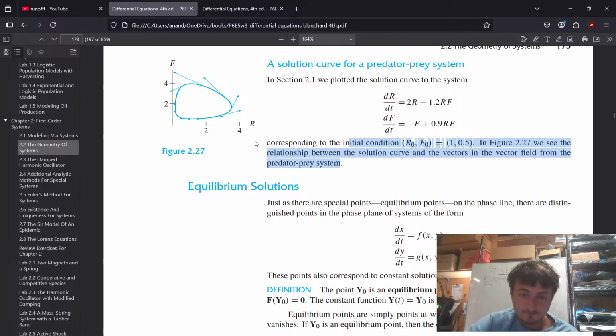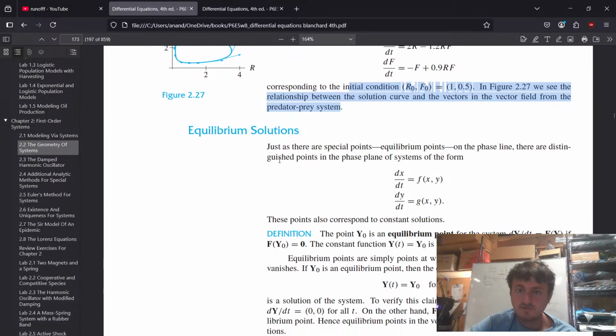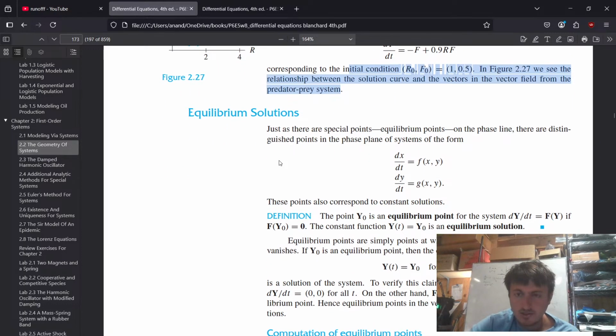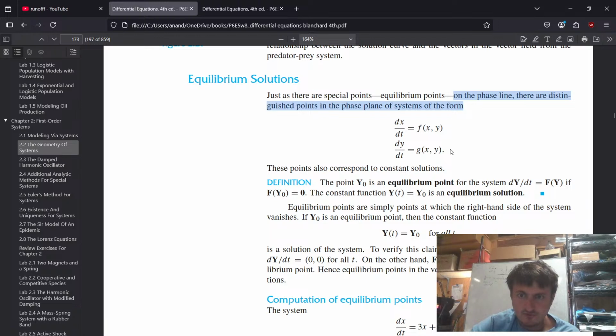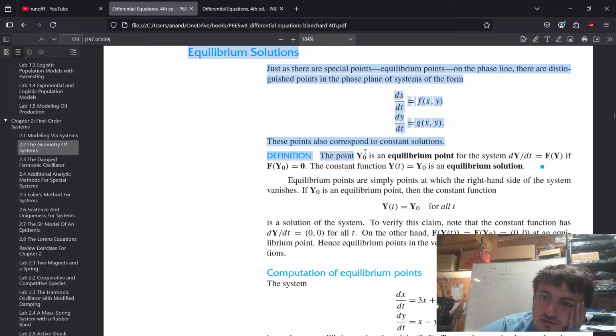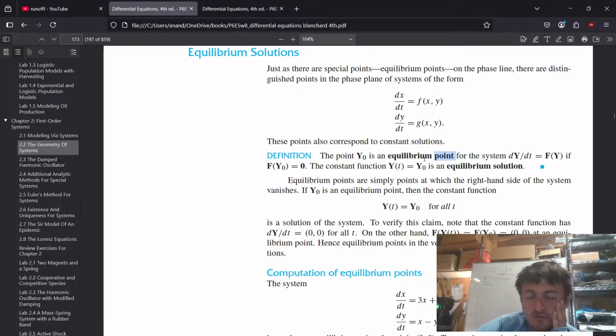Oh, okay. Just as there are special points, equilibrium points, on the phase line, there are distinguished points in the phase plane of systems of the form. Oh, wow. These points correspond to constant solutions. y0 is an equilibrium point for the system if f of y0 is equal to 0.